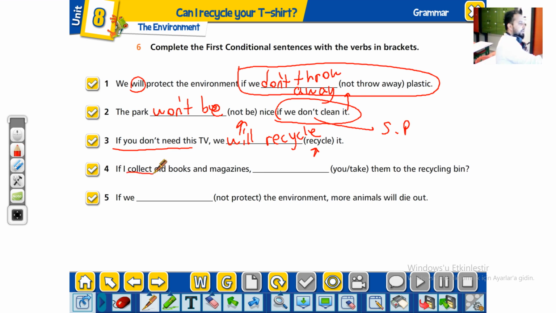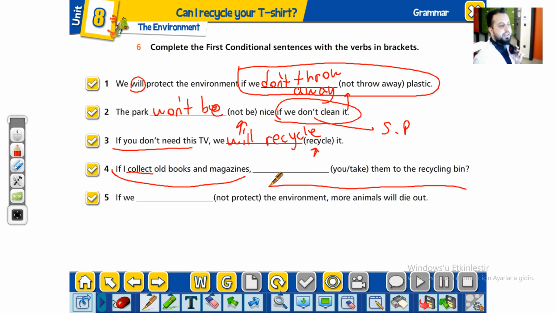Simple present tense is used here and it's our condition clause again. In our main clause we are going to use will future we said. Will you take them to the recycling bin? Geri dönüştürme kutusuna atabilir misin şeklinde.